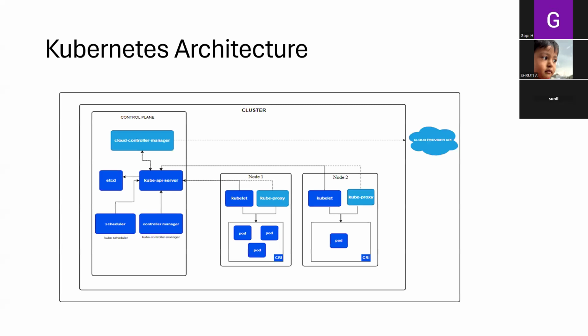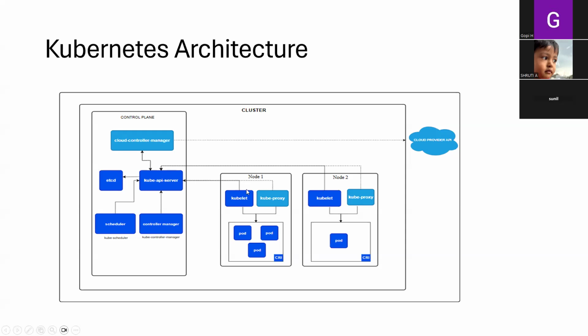If you look at the architecture of Kubernetes, the main component is the control plane, which resides on the master node. And if you look at node 1, node 2, these are all different VMs. It is going to spread the pods or containers onto the target nodes.